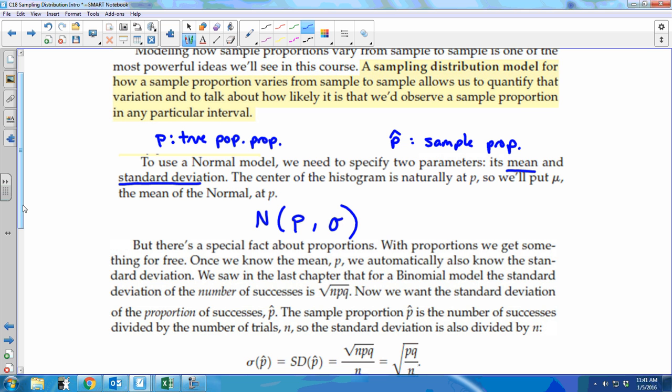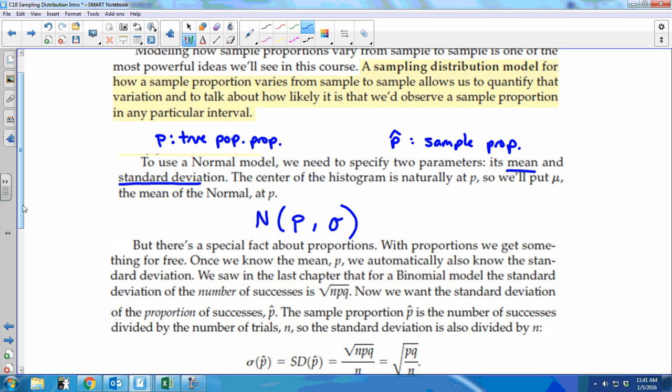All right? So that's kind of an issue. However, we know from chapter 17, we had the binomial model. And we could approximate the binomial distribution with a normal distribution, correct? And we could find the mean and standard deviation of the binomial model. We had formulas for that.